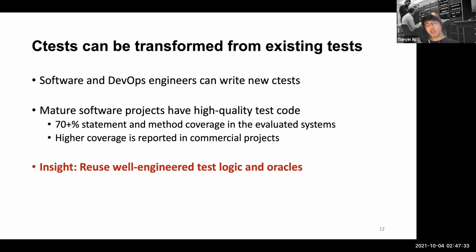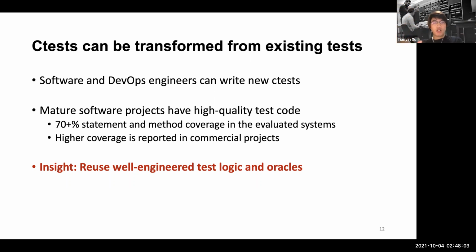So as I mentioned, C-test can be transformed from existing tests, and it can reuse those very well-engineered test logic and oracles, and this is extremely powerful. It sounds like black magic, but if we think a little bit more clearly, it's actually quite intuitive. What a software test essentially does is exercise the code behavior, and what C-test does is exercise the code behavior under the production configuration.